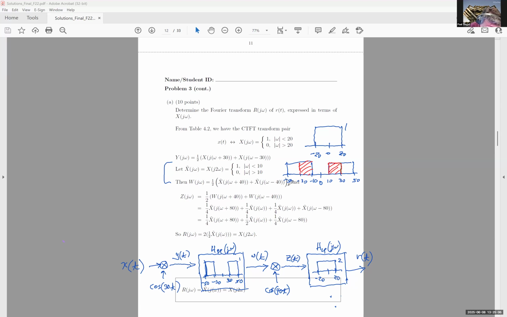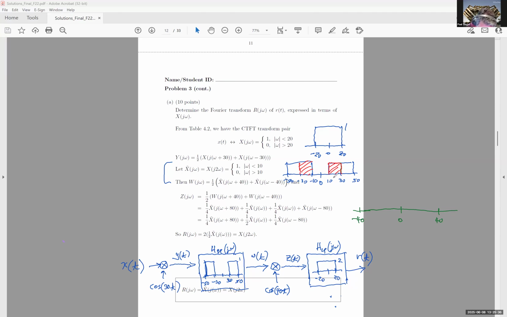And then we modulate that with a cosine of 40. I hope this will show up okay. It's going to move that essentially by 40 to each side. So we have this will be 40 here, and minus 40.